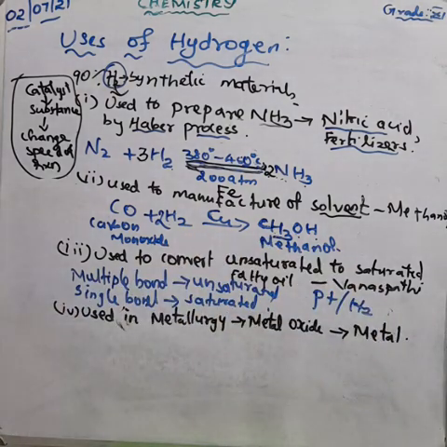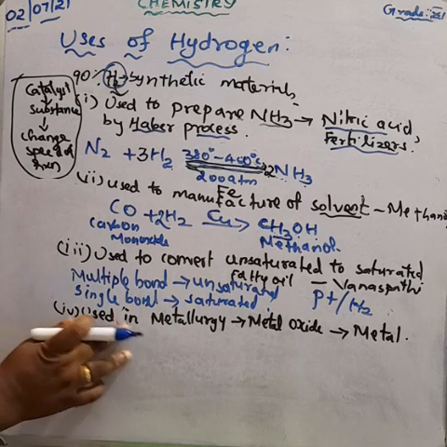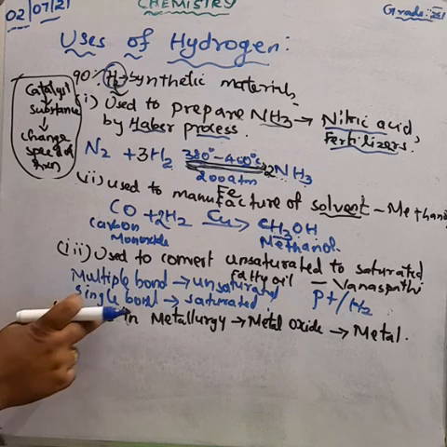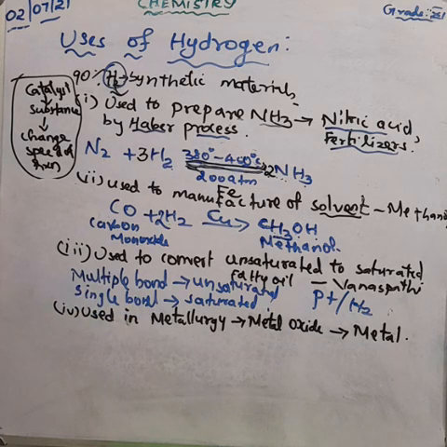Metallurgy. What do you mean by metallurgy? Metallurgy means separating the metals from their ores. How do we get the metal from its ore? For example, what is the ore of tungsten? Tungsten is one of the metals.